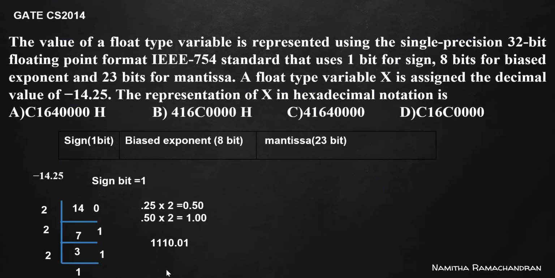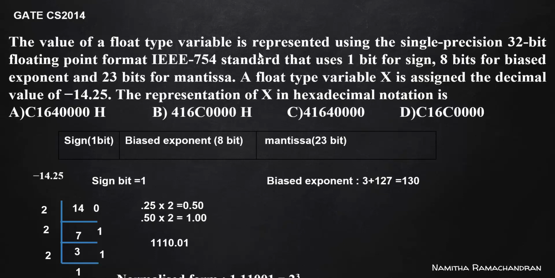Our next step is normalization. The normalized form is 1 point mantissa into 2 to the power exponent. In order to make this in the form of 1 point mantissa, we need to shift the decimal point 3 positions to the left, giving 1.11001 into 2 to the power 3.